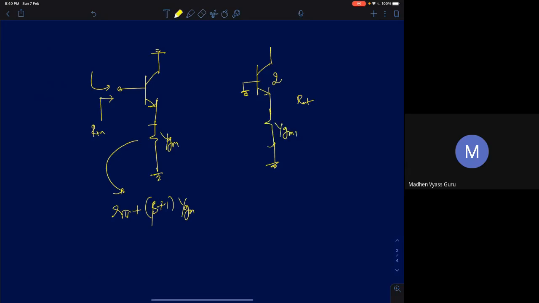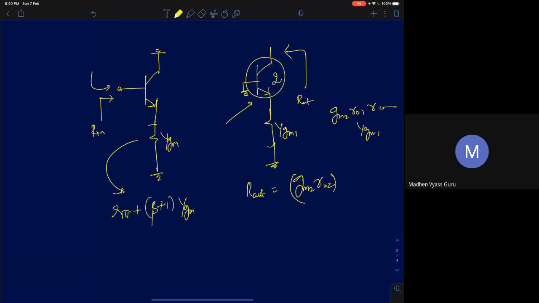Can you write the output resistance seen at this terminal in terms of GM2, RO2, RO1 and 1 by GM1? It will be GM2 RO2, that's nothing but A02, of this transistor multiplied by 1 by GM1. That's your output resistance.